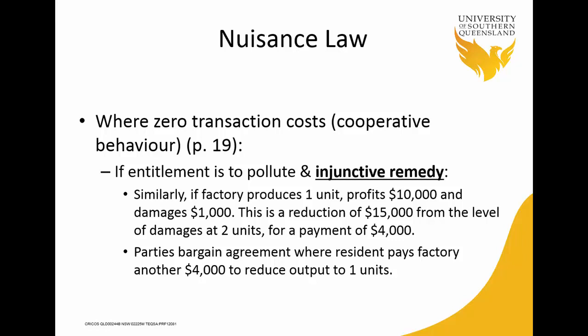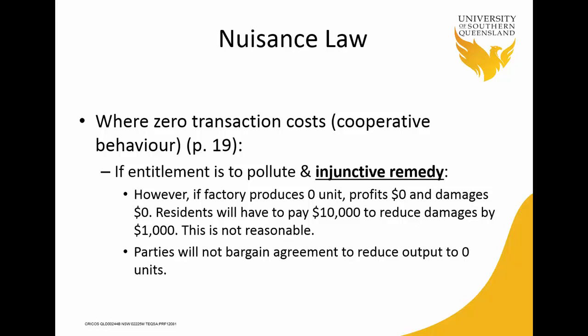You see that the parties, because there is zero transaction cost and because there is this cooperative behavior, the resident and the factory can bargain an agreement where they still produce at the efficient outcome. So far we still see that the efficient outcome is going to result regardless whether it is the right entitlement to pollute or clean air, and whether it's injunctive or damages remedy.